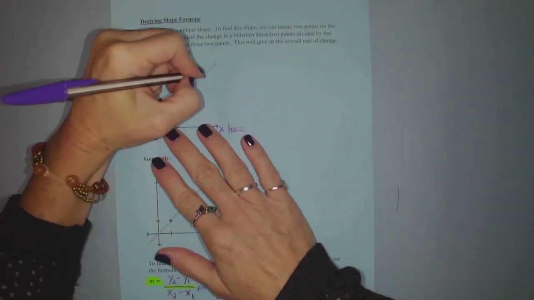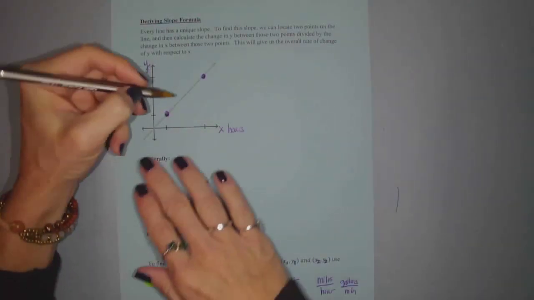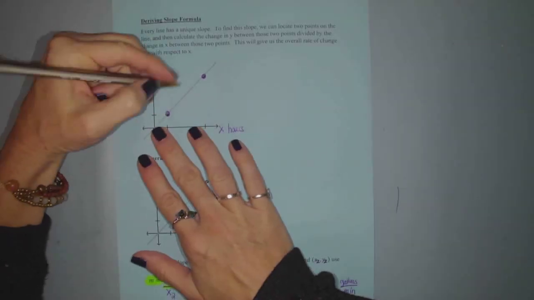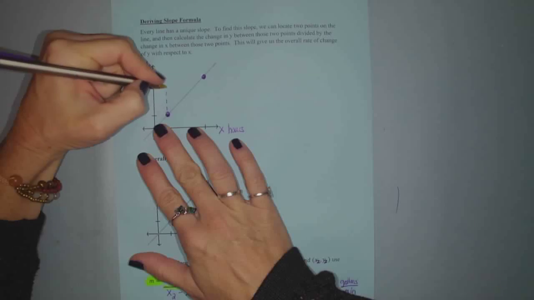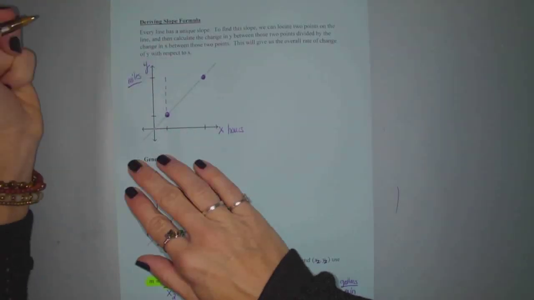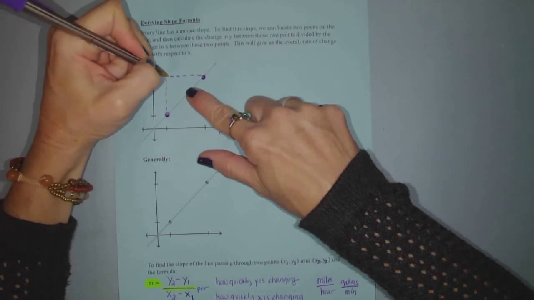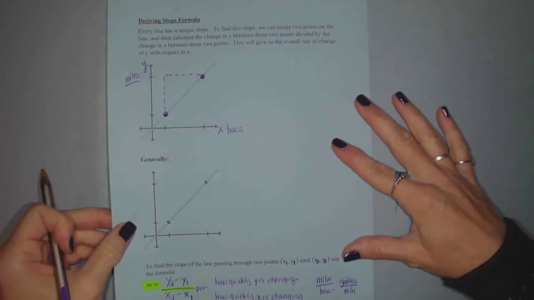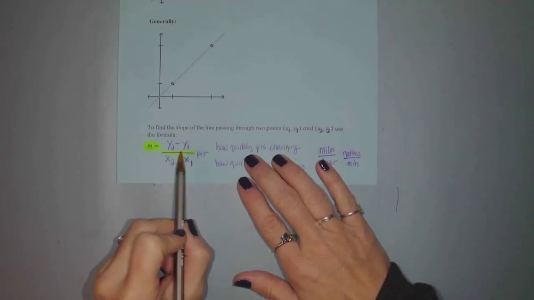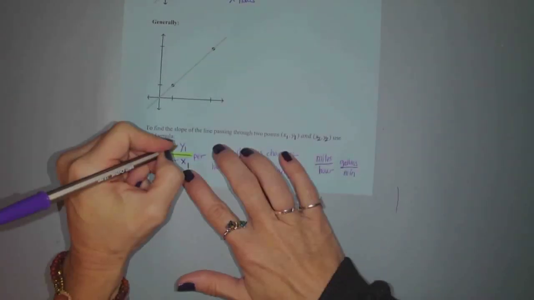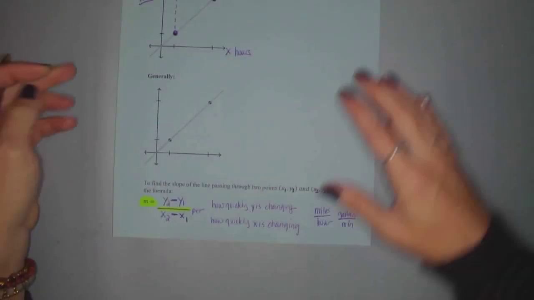Well, by taking 2 points on the graph and finding not the distance between them, but the change in the Y's between them per the change in the X's between them, okay, then you've got yourself this. How quickly is the Y changing over how quickly the X is changing?